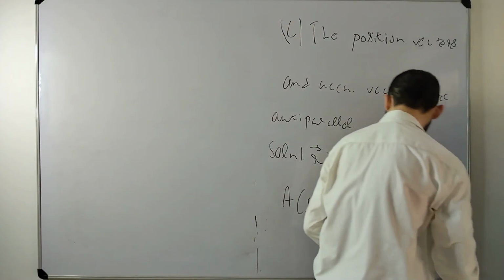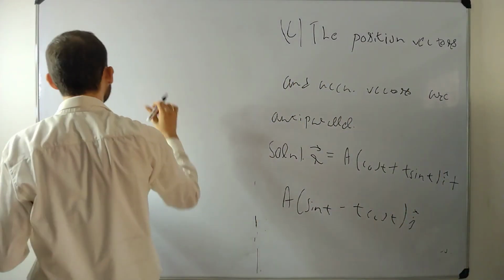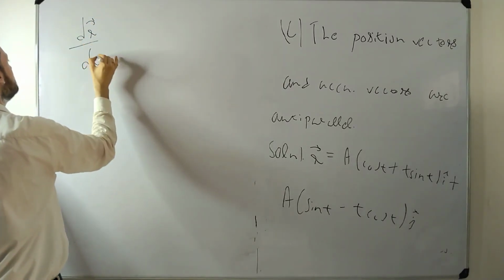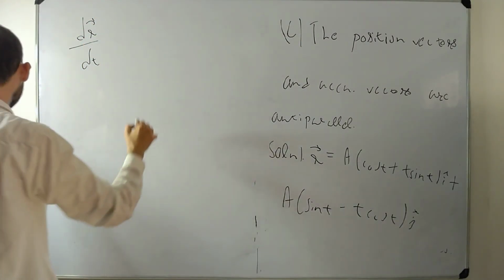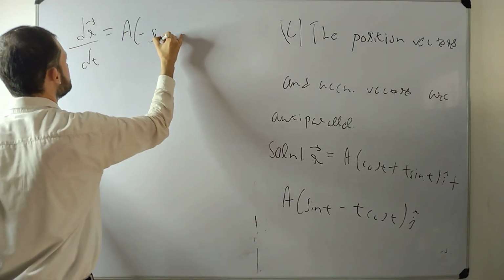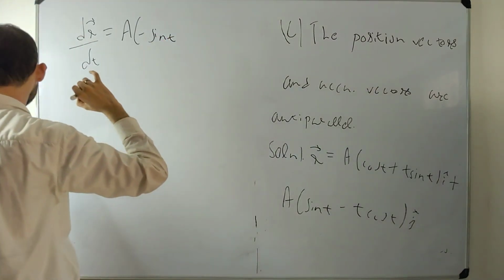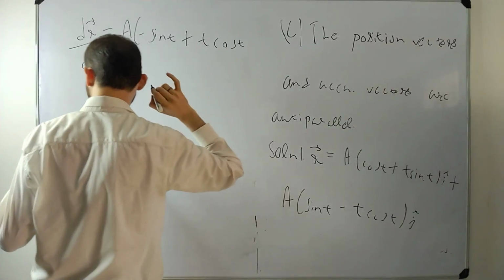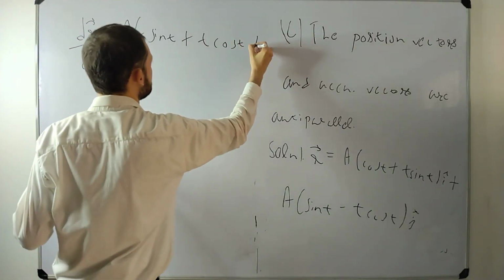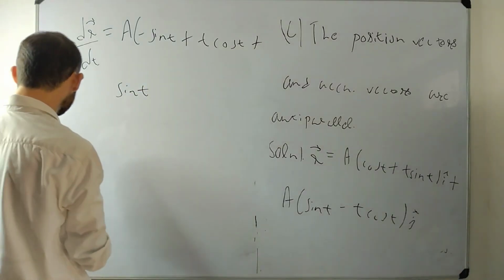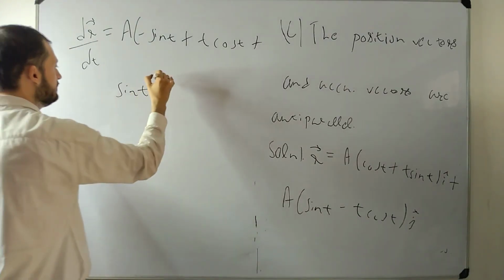So the next part, dr/dt, what is it? A times minus sin t plus t cos t, this is sin t, and this is i cap.